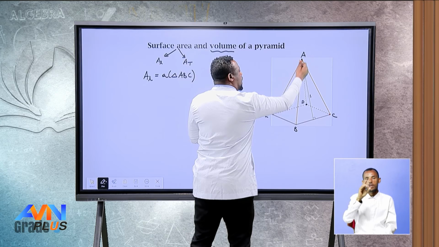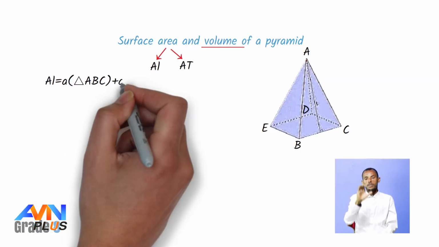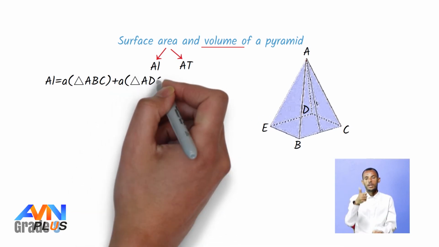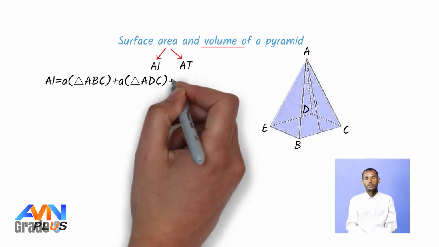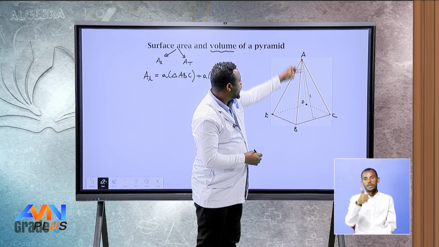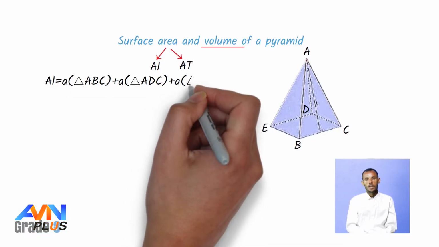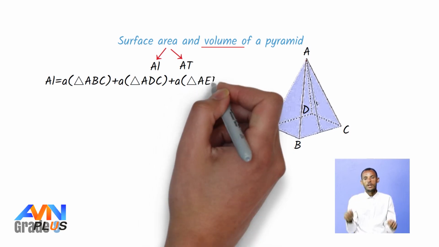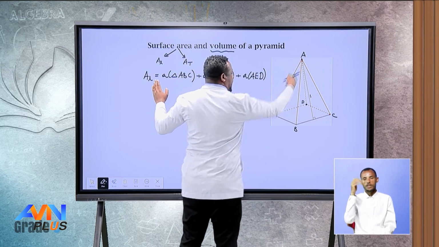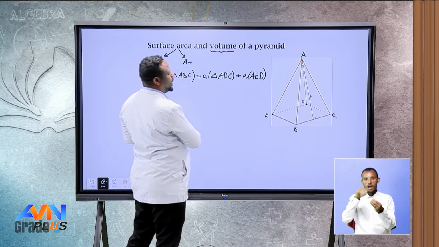You can add the area of triangle ADC, plus we have another lateral face, AED, the area of triangle AED, and the other side AEB.